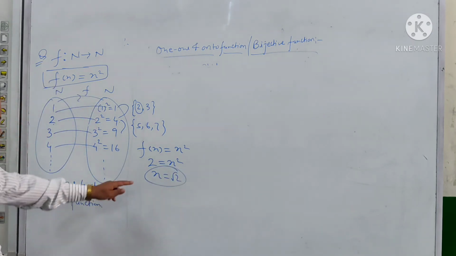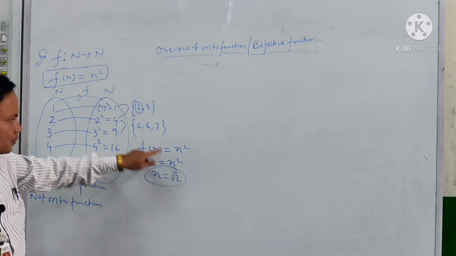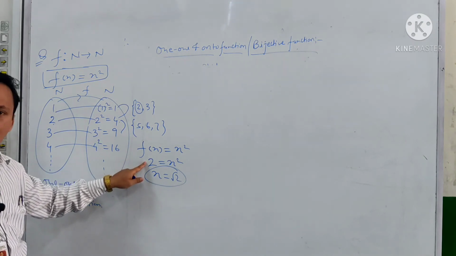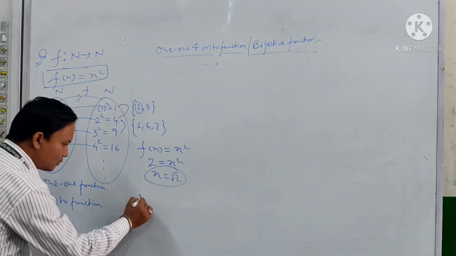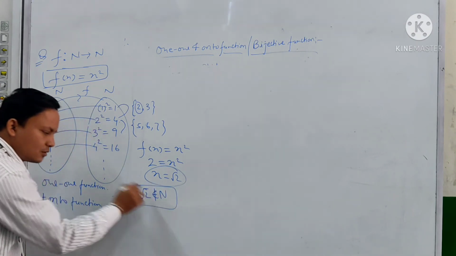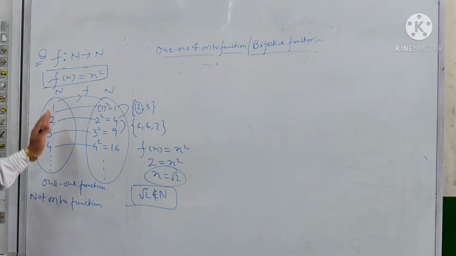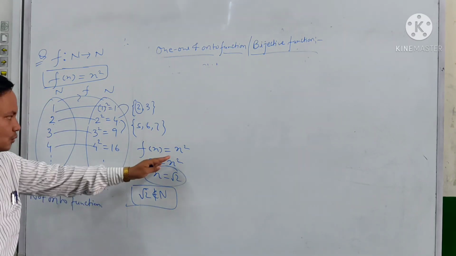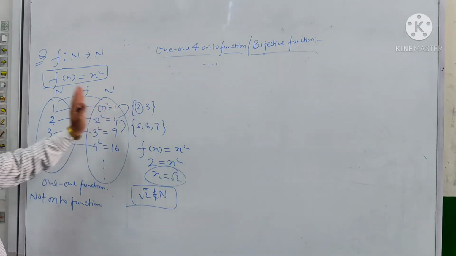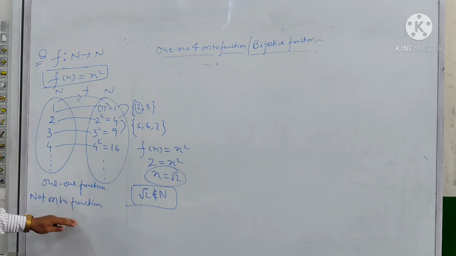It means that if we provide the input root 2 to the function, then only we will get the output 2. But root 2 is not a natural number, so root 2 does not exist in the set of natural numbers. That's why 2, 3, 5, 6, 7 are elements which do not have their pre-image in the domain. That's why it is not an onto function.